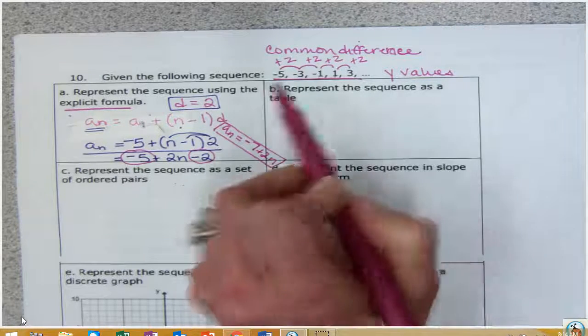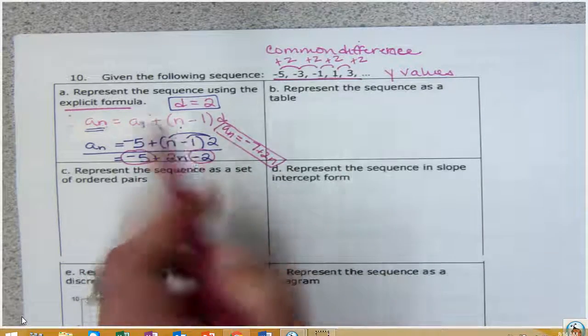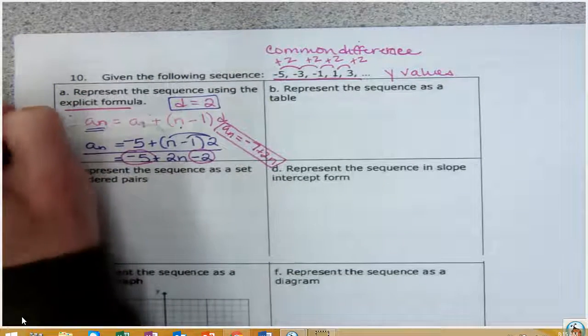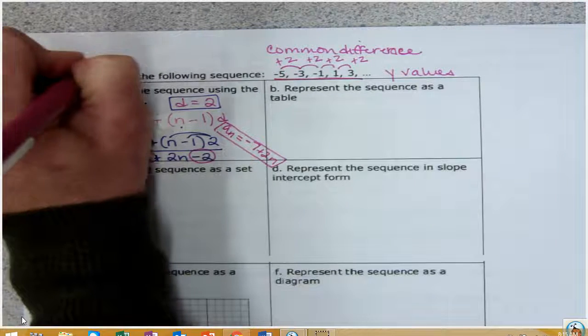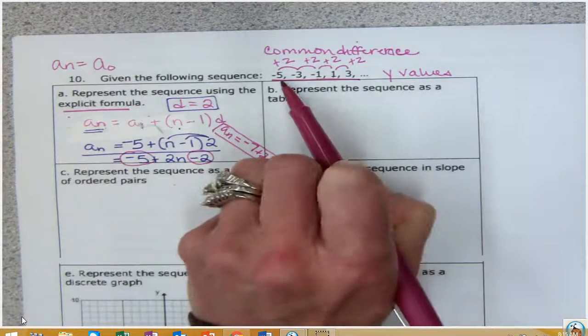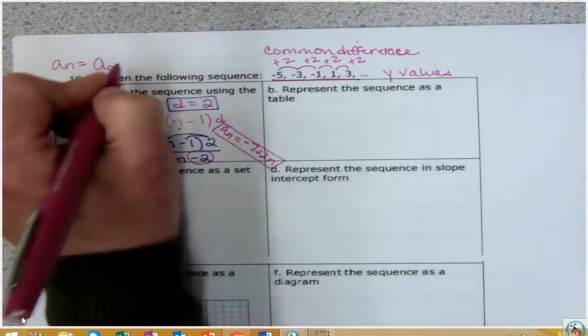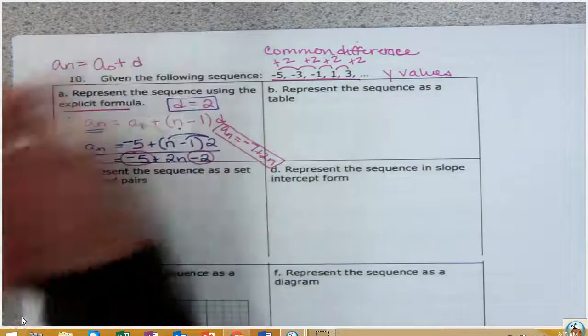Okay, and you know that 7 is going to go into your first term. I think we worked it out where a sub n equals a sub 0, the term before your first term, plus your common difference.